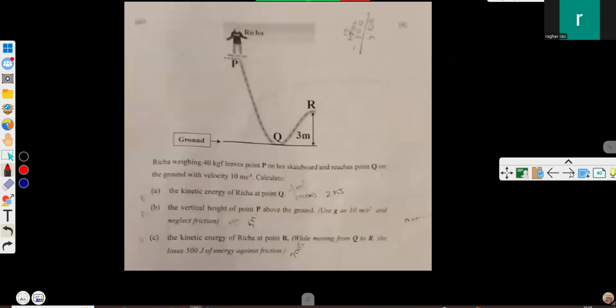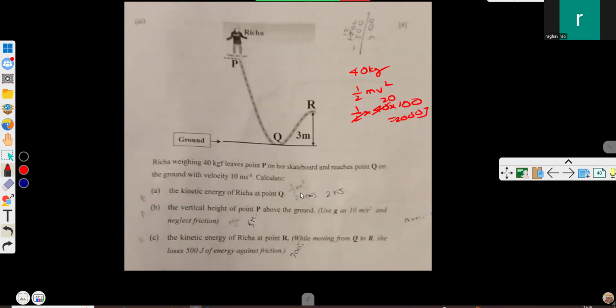Next, this is a very good question that I have seen. Richa's weight is 40 kgs. Now the kinetic energy of Richa after reaching Q, where her velocity is 10 meter per second: half mv square, half into 40 into v square, which is 100. 2 ones are 20, 20s are 2000 joules.